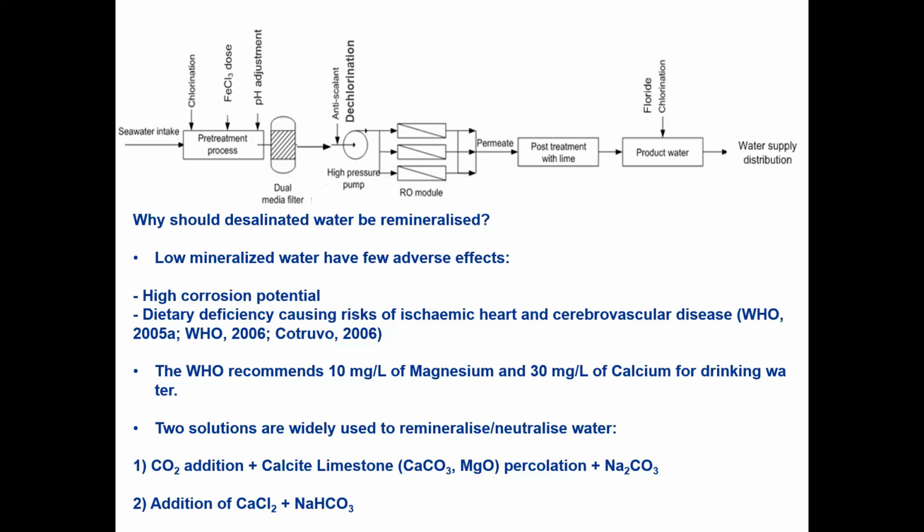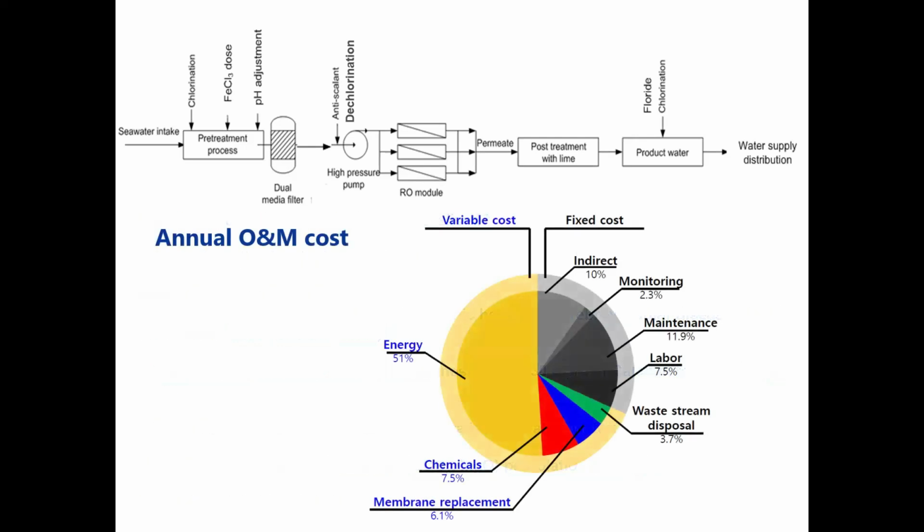So that's how we design for remineralization. After that, we supply the water, and this gives a better quality of desalinated water. So this is the overall design. You can think about how you want to change it a little from your design assignment.